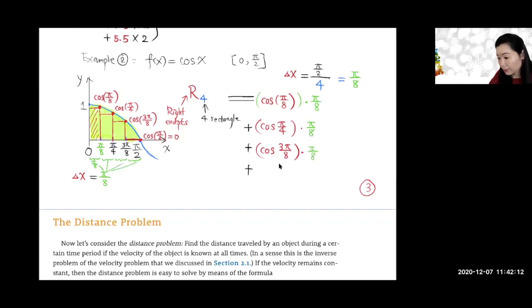And then the last one is cosine of pi over 2 times pi over 8.